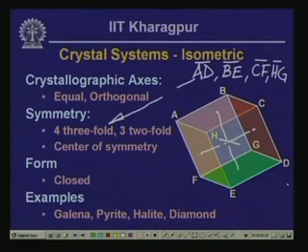Now let us look at the solid diagonals of this particular type of crystal to understand what we mean by there being a threefold symmetric axis. All right. Let us consider holding a particular cubic structure across one of the solid diagonals.